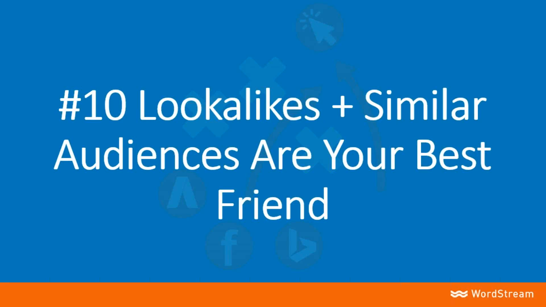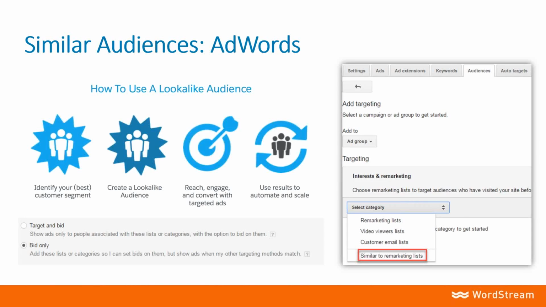Number 10 is that lookalikes and similar audiences are your best friend. Once we've moved a cohort or individual through the funnel and they've converted, we want to refill the funnel, and ideally we'd like to fill it with prospects who are close to ready to convert.